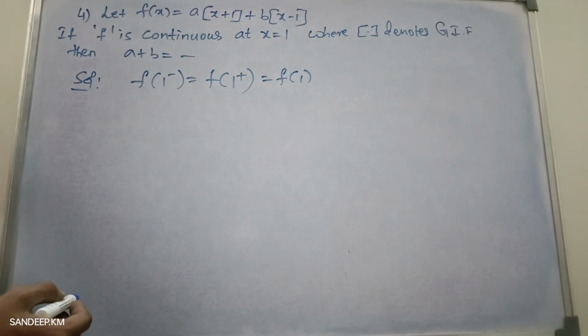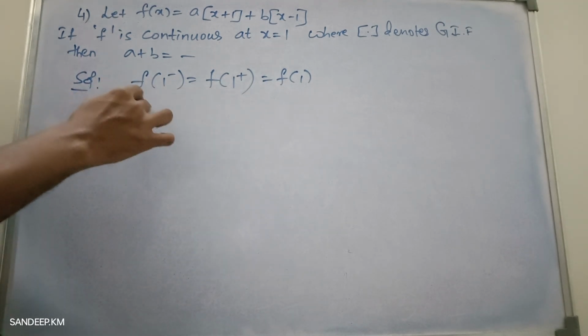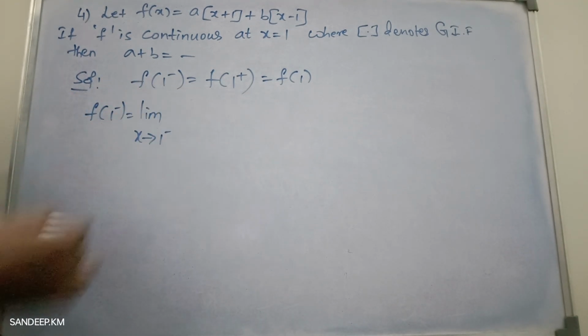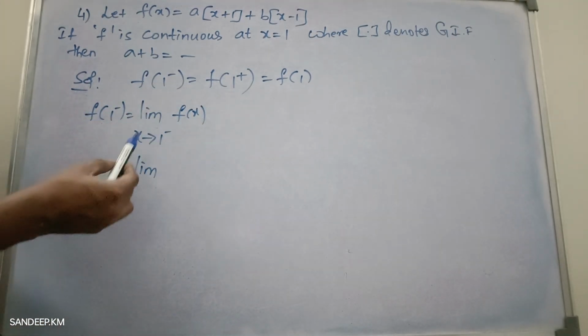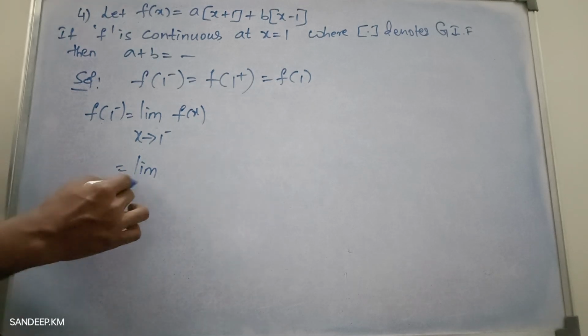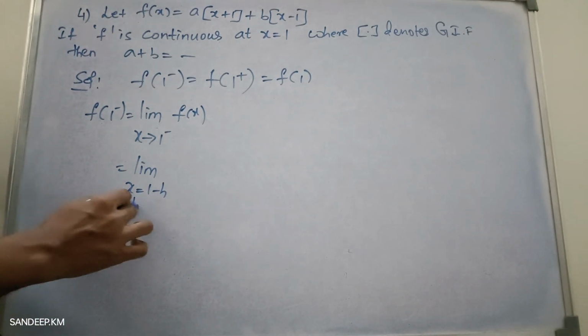See dear students, if I try to find the left hand limit, f of 1 minus means limit x approaches 1 minus f of x. When x is approaching 1 minus, I can say that x is equal to 1 minus h, and h is approaching 0.